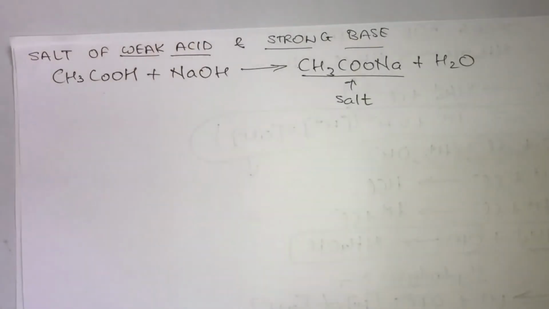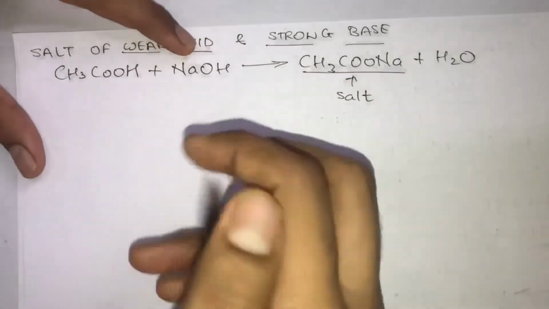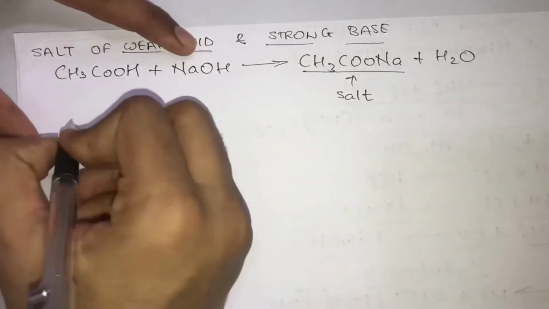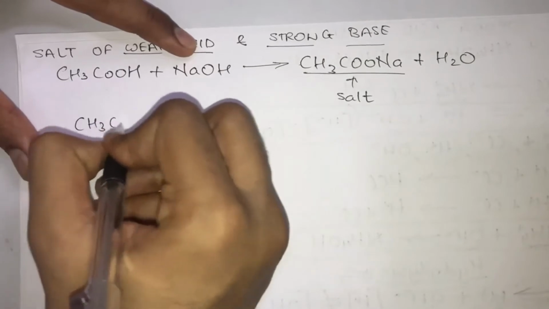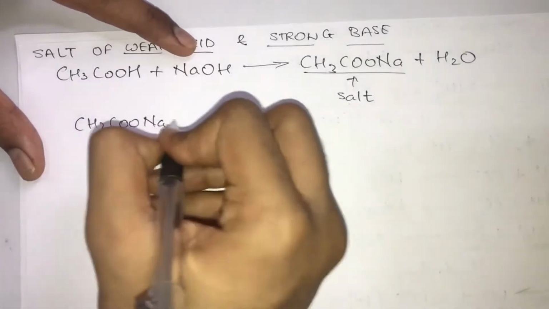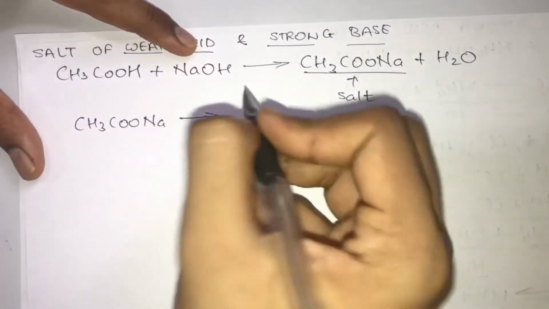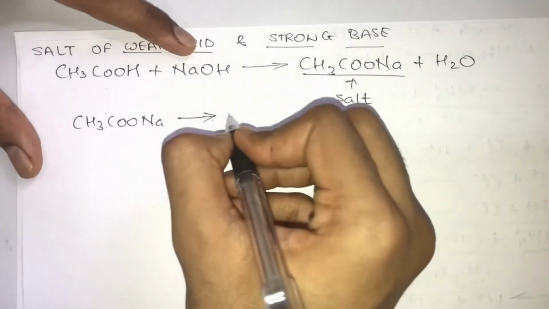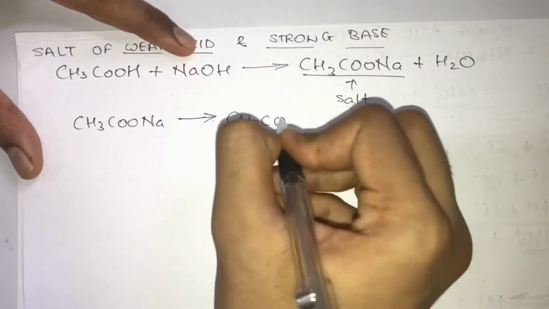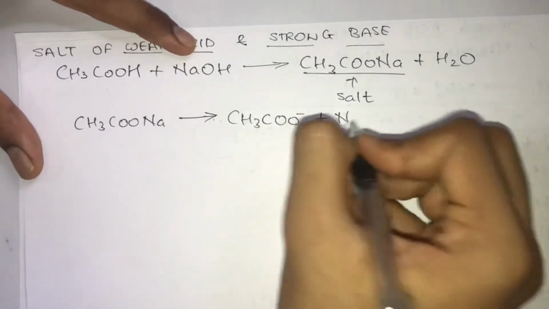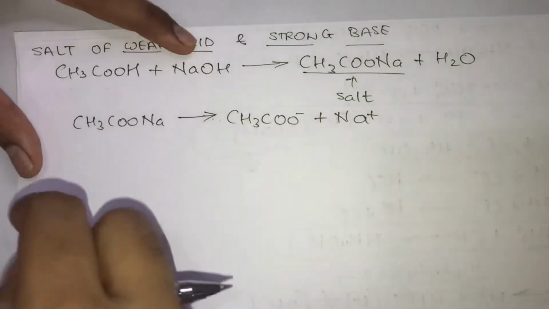Now as we all know, salts are strong electrolytes, so this salt will completely dissociate into its ions. So this CH3COONa will get dissociated into its ions, that is CH3COO minus plus Na plus.